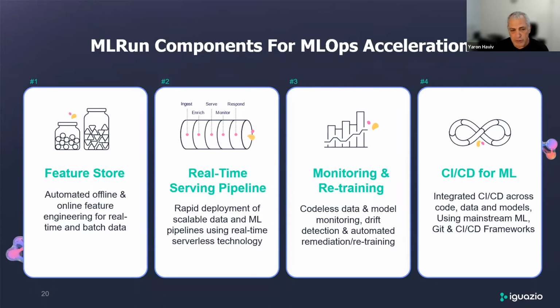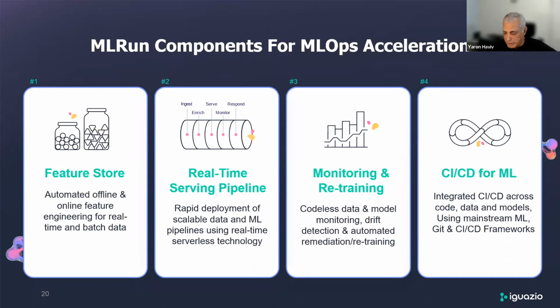And those four pillars are, one, the feature store, where it automatically builds features for online and batch and training. Two, the real-time application pipelines, where you can build graphs that translate to online multi-stage applications. So you can do things like data preparation and scoring and actions and monitoring in the same application flow.